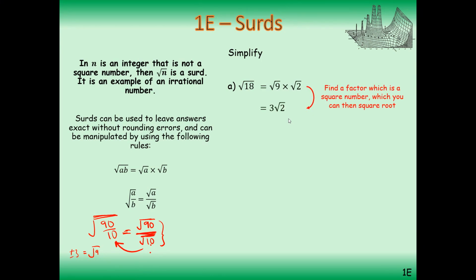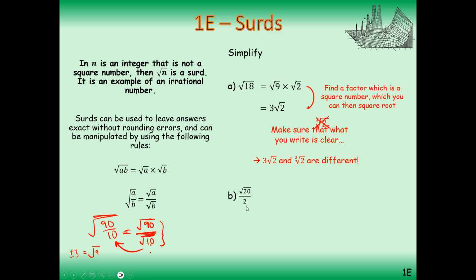Notice you can drop the times sign and these two are exactly the same. Don't confuse this with the cube root of 2. The cube root of 2 would have a small 3 on the top, but we don't mean that. We mean 3 times the square root of 2. Next question. So the square root of 20 over 2.